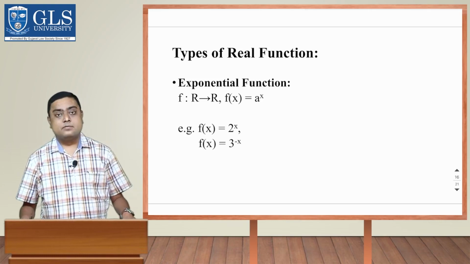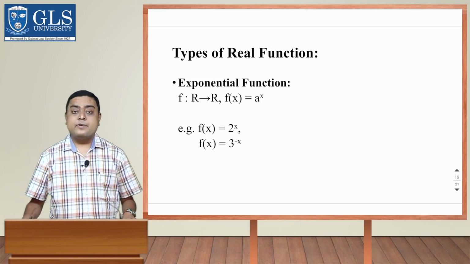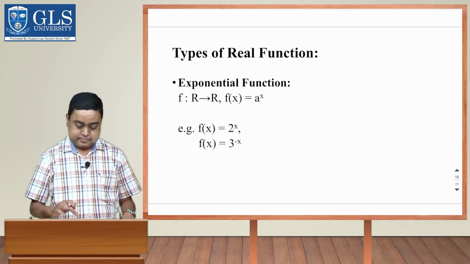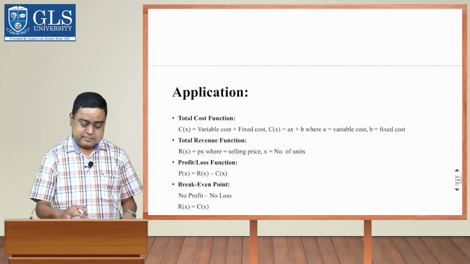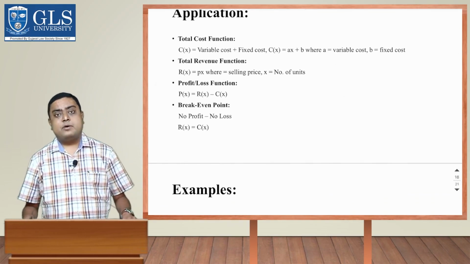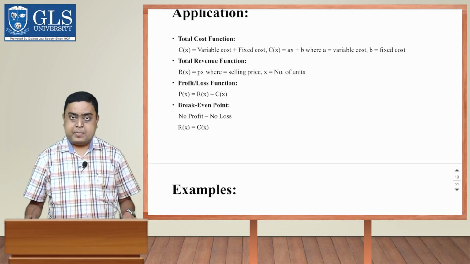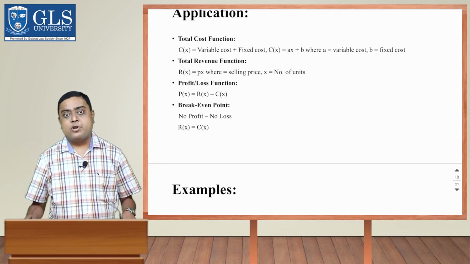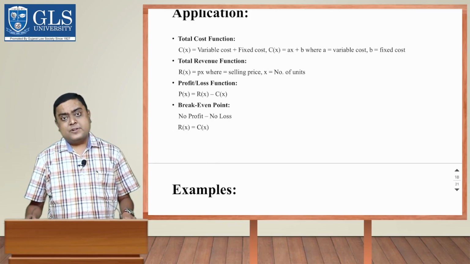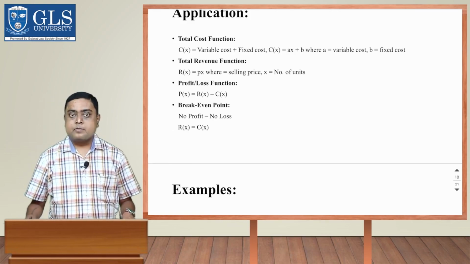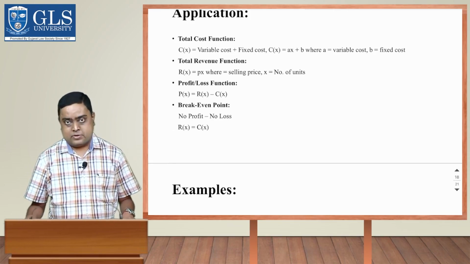Now friends, we see the different applications of functions in economics. Let's see these applications. Friends, you are all aware of the cost function. How do we get the total cost of any particular product? The total cost of the product is divided into two parts, fixed cost and variable cost.